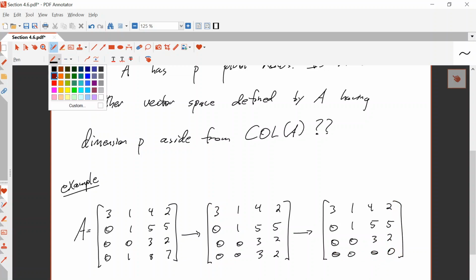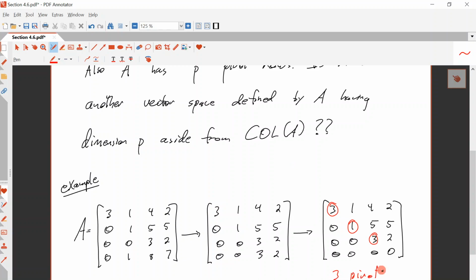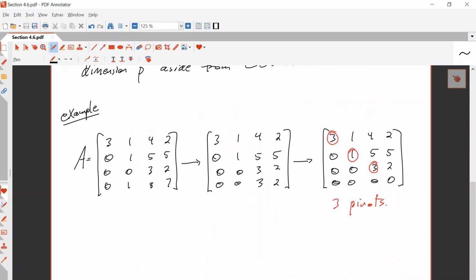All right, so this matrix has 1, 2, 3 pivots, 3 leading coefficients, whatever you want to call these things.